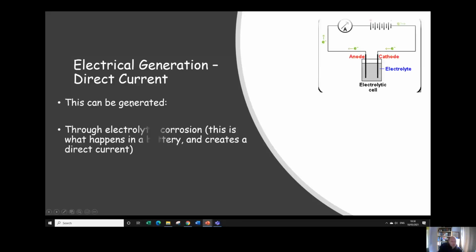So direct current can be generated in two main ways, really. One is through electrolytic corrosion, and we're going to look at this in a lot more detail later on in the module.